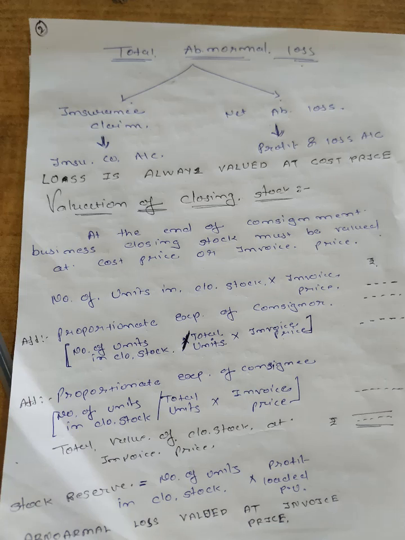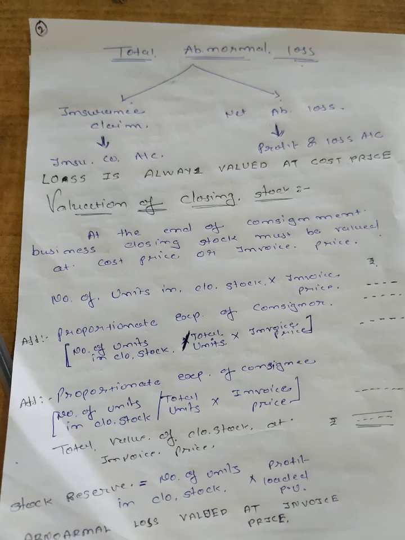The same formula is given. In the numerator, number of units in closing stock is taken, and in the denominator, total units, or if there is a normal loss, total sellable units is to be taken, multiplied by consignor or consignee's expense. Fine.